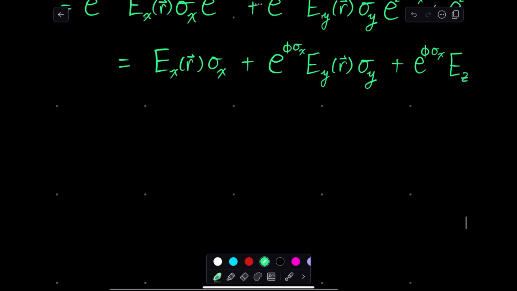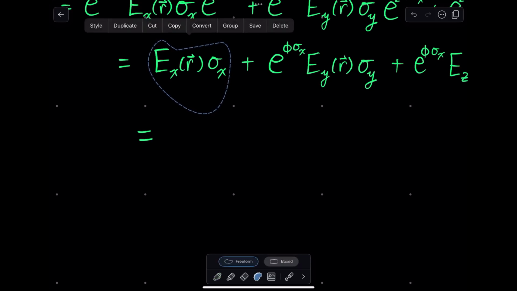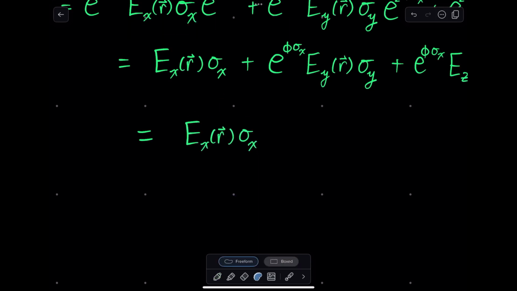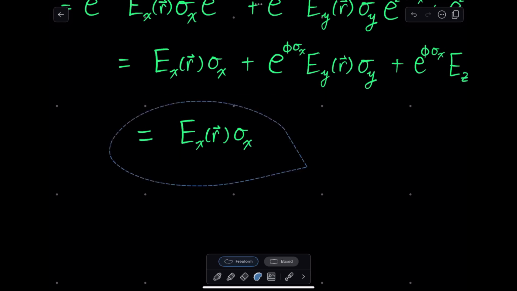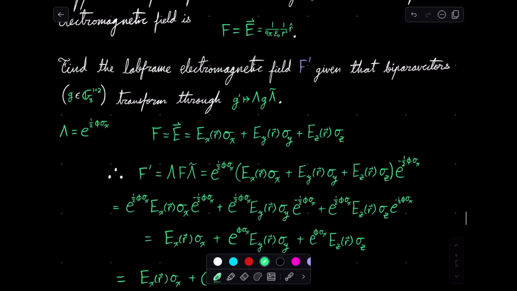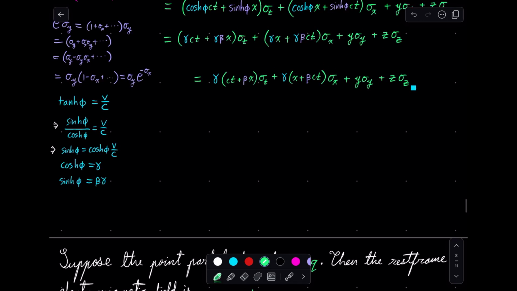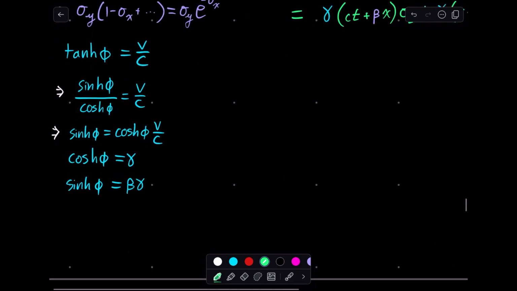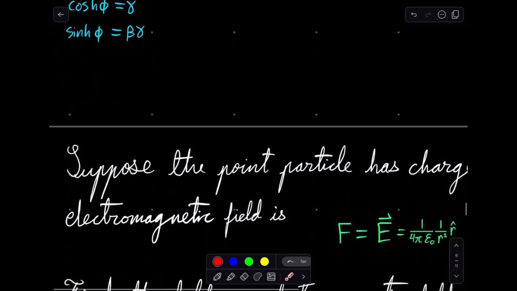Then we can bring this down, and then expand this out like we did before. But instead of using the cosines and sines, I'm going to directly go to this notation using gamma and beta.